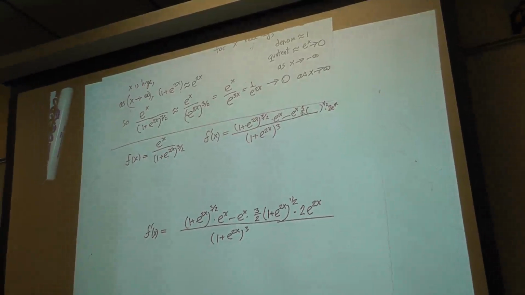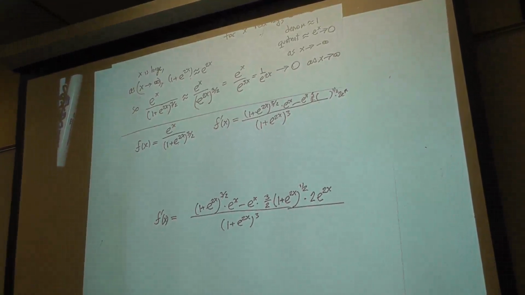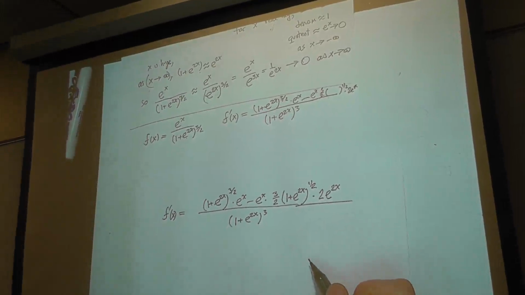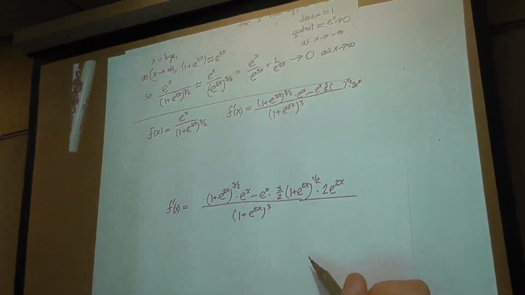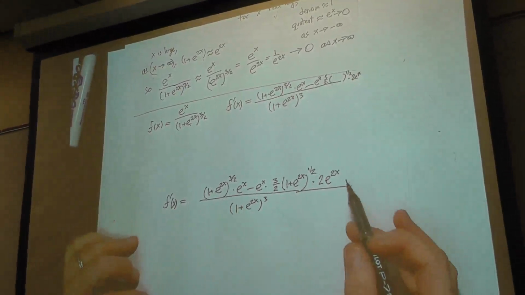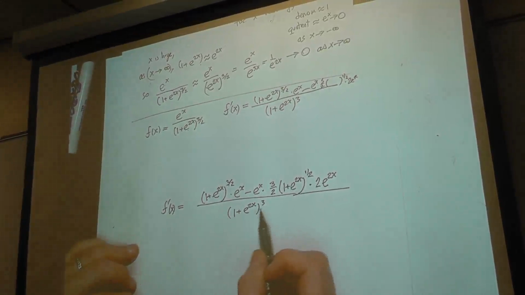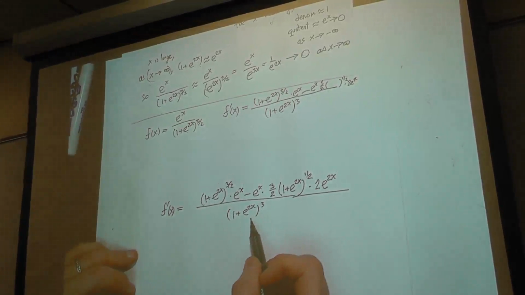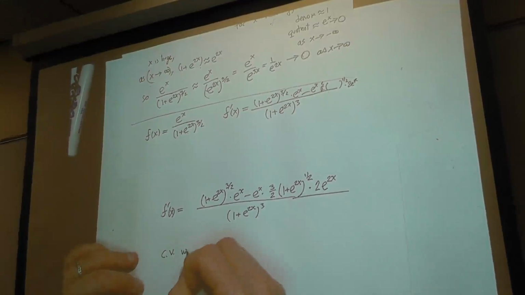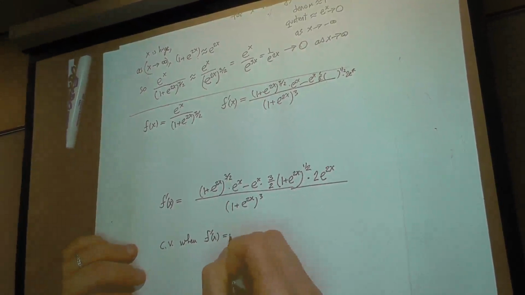Okay, so there's my derivative. To get the critical values, I need to know where this is 0 or undefined. It's never undefined. So for this guy, I'll get my critical value when f prime of x is 0.